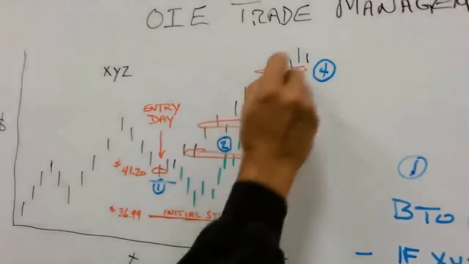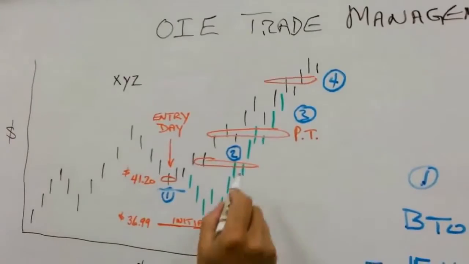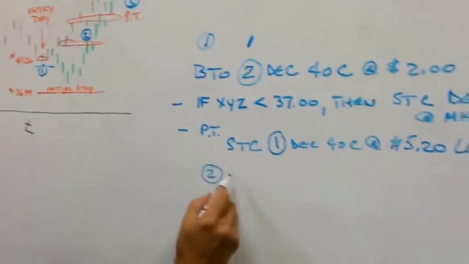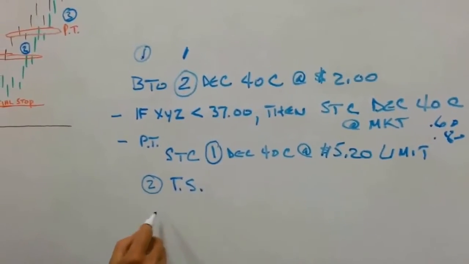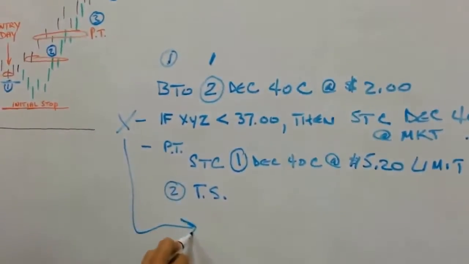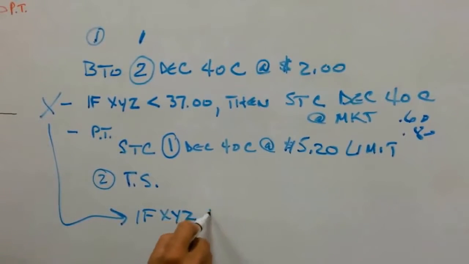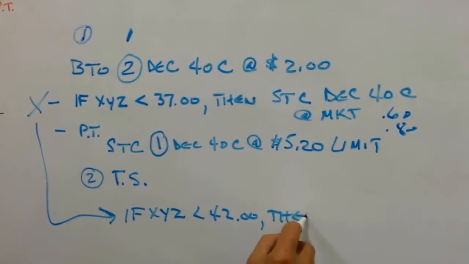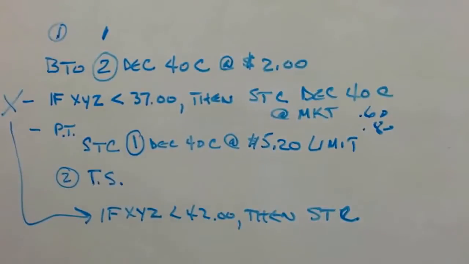So whether the market goes straight up or backfills first and then goes up, at point 2 here, we're going to move the trailing stop by changing this order right here to if XYZ is less than 42, then sell to close our December 40 call.